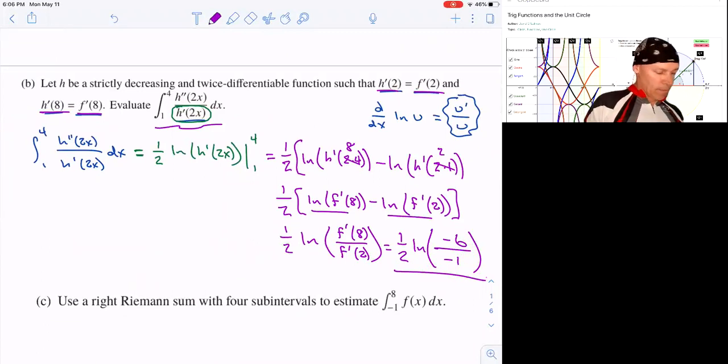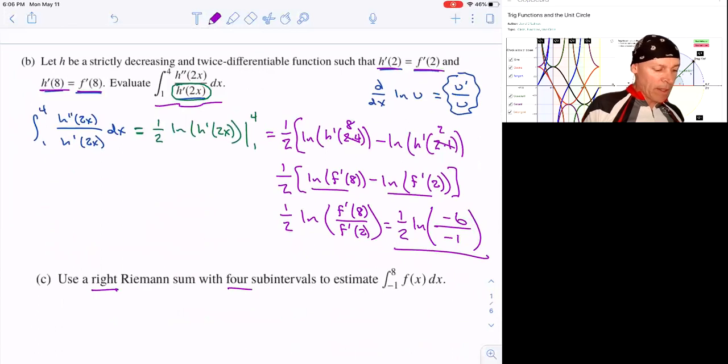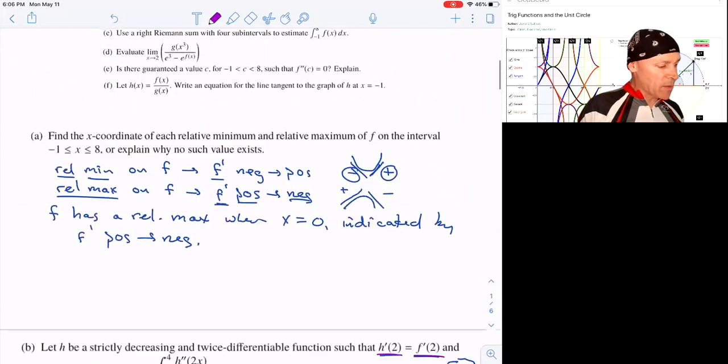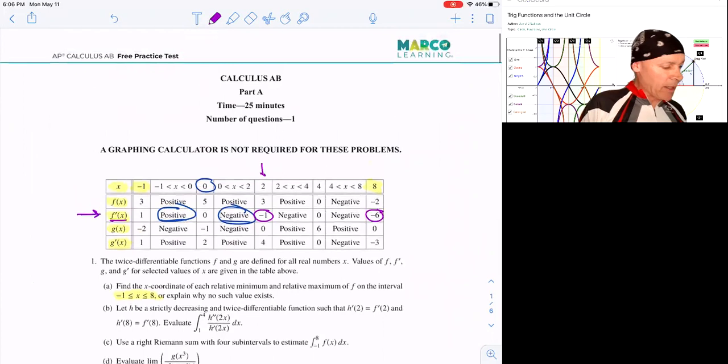Use a right Riemann sum with 4 subintervals to estimate the definite integral from -1 to 8 of f of x dx. It's a right Riemann sum, 4 subintervals, and it's for f of x. So I just want to make sure I'm on the right row.